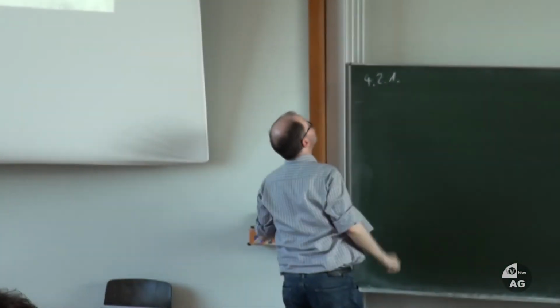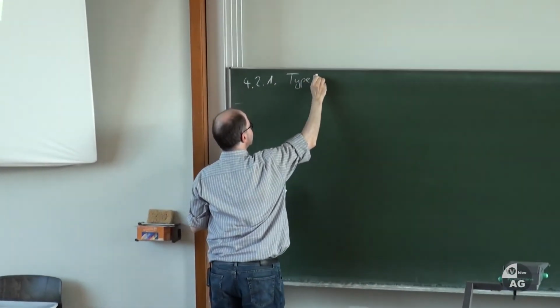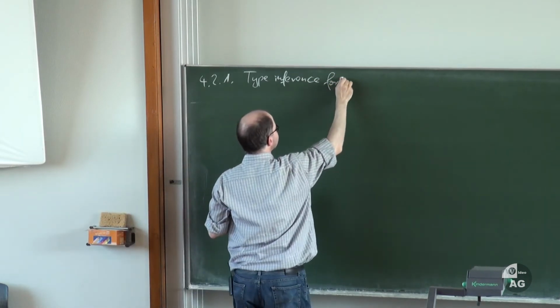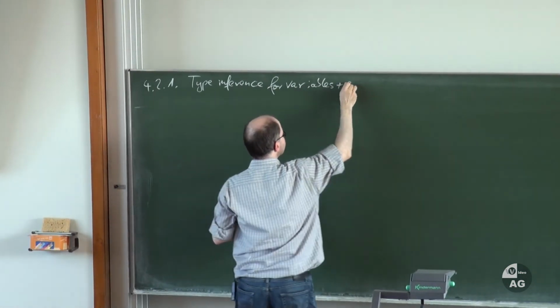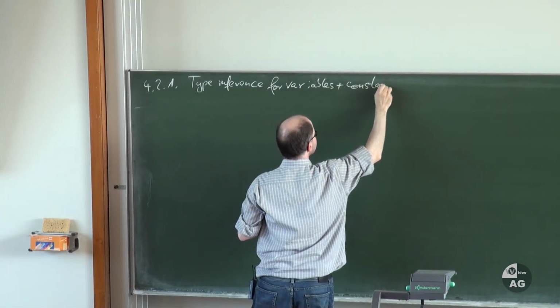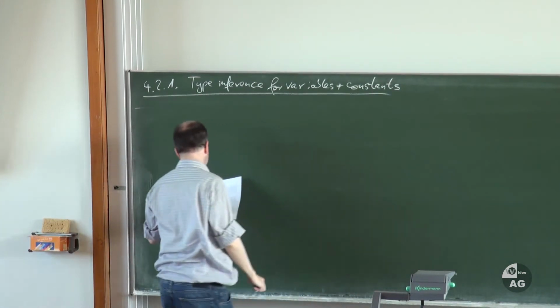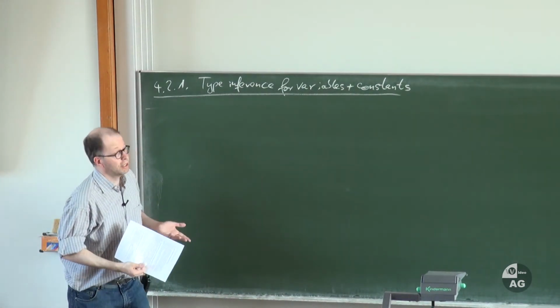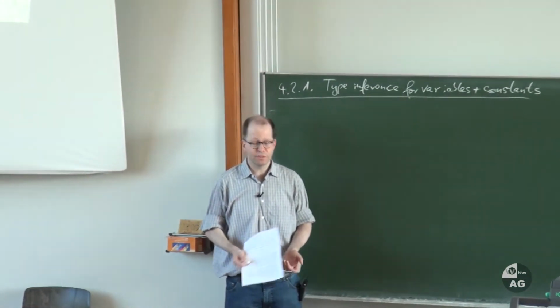Let's call this section 4.2.1, type inference for variables and constants. So if we want to find out the type of a variable or of a constant, well, we simply look into the type assumption.